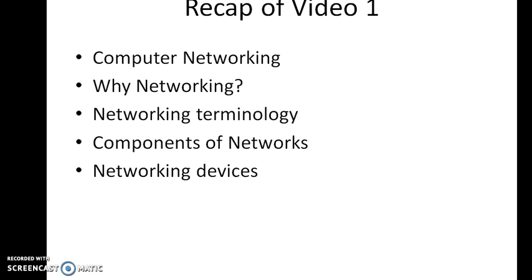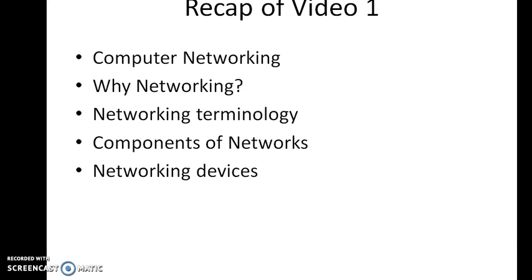What were the various networking terminologies we have covered? Data rate, devices used. What are the various networking devices we have covered? Hub, switches, routers. And what are the components of a network?